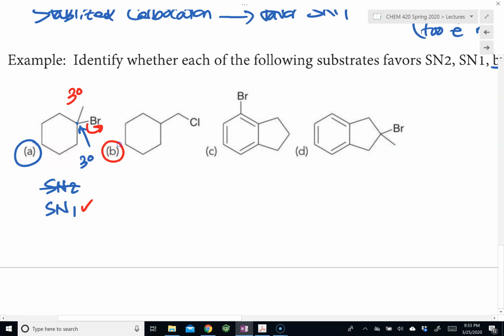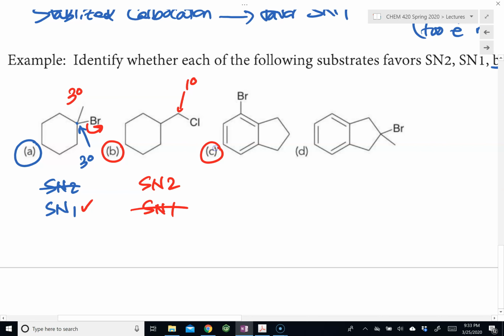As for B, this kind of substrate right here is a primary alkyl halide, which is not that sterically hindered, so it will favor SN2, but will not do SN1, because if it were to do SN1, it would form a primary carbocation, which is too unstable to form, and therefore will not undergo the SN1 mechanism.